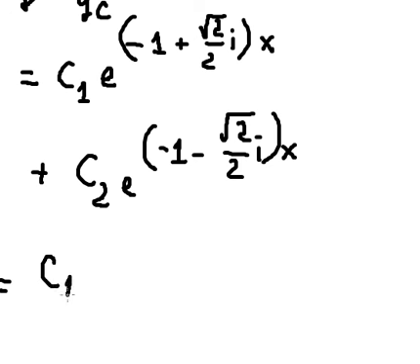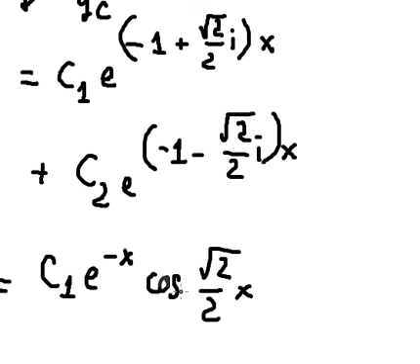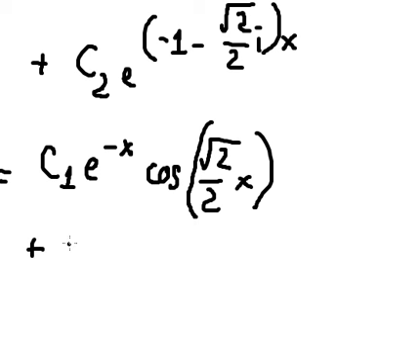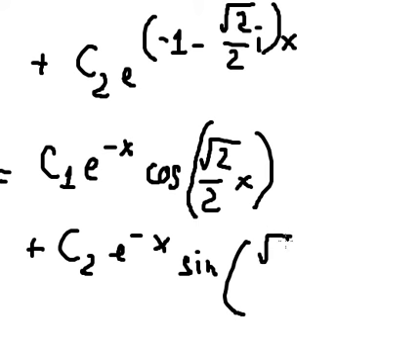We have c1 e to the power of negative s, and I will write cosine of the square root of 2 over 2 s, and we have c2 e to the power of negative s sine of the square root of 2 over 2 s.